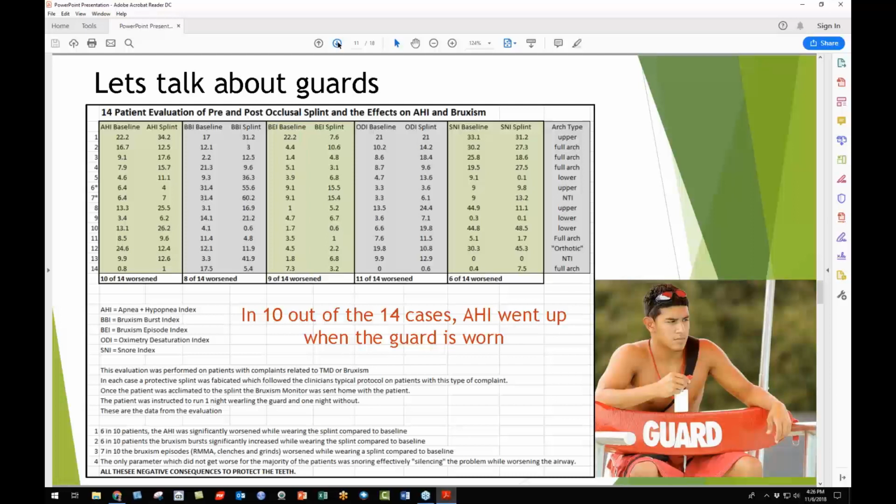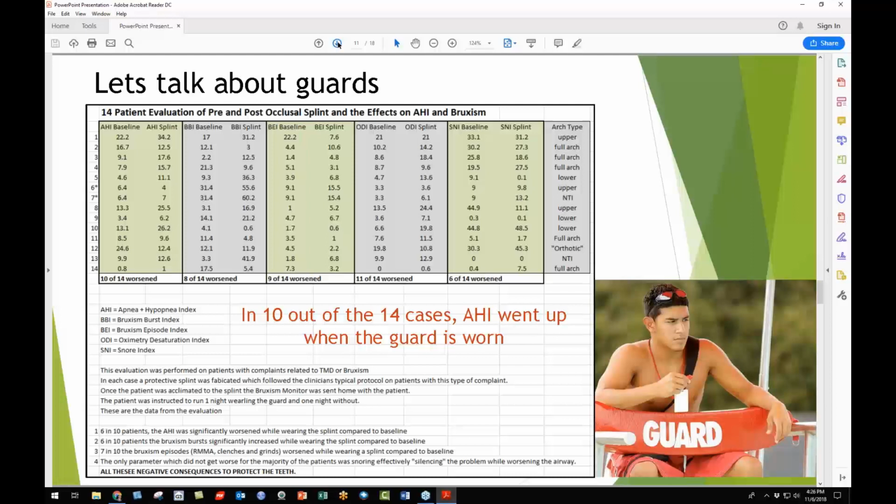And sometimes the consequence is, if you have a patient that has an airway that's not fully functional and you put a guard in, the airway is going to change geometry. Now when you change the geometry of the airway, 3 things will happen. Nothing will happen. The patient will stay the same and their dentition will be protected, and that's good news.